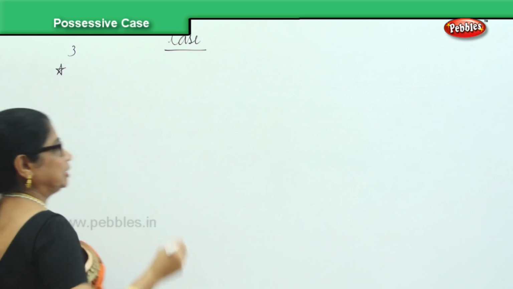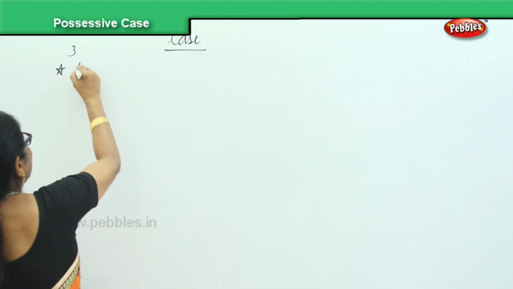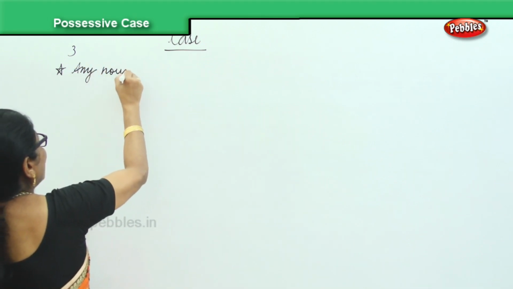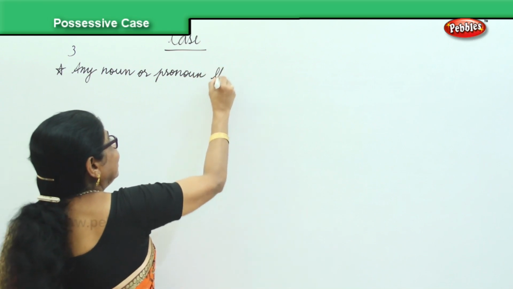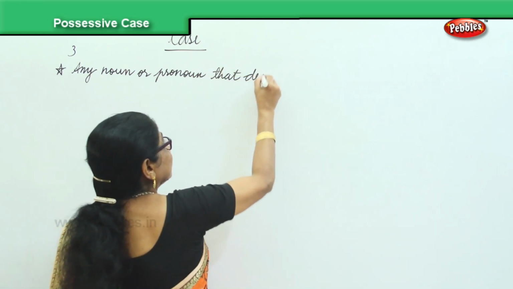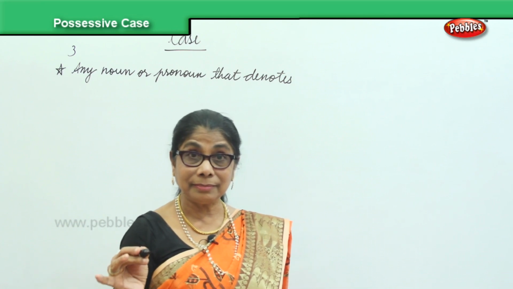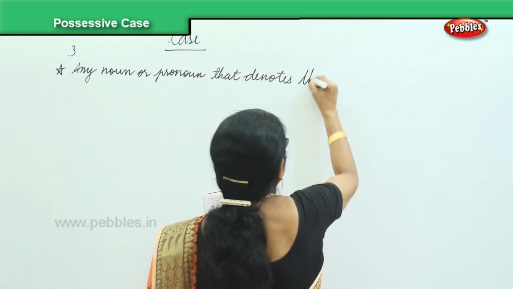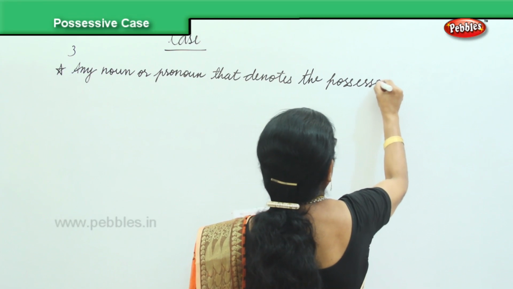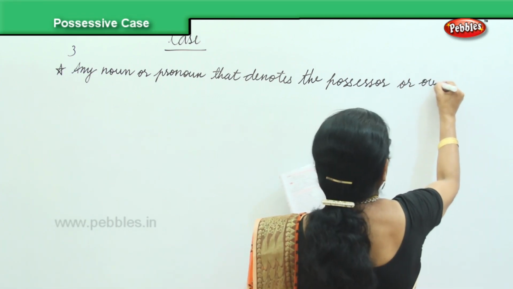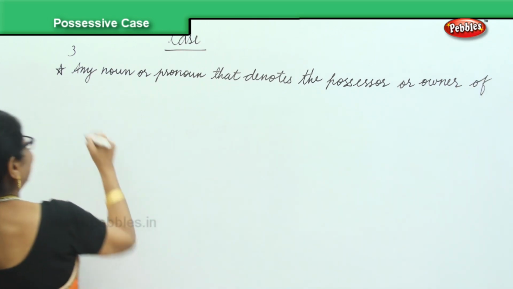Now, how do you detect the possessive case? You will say any noun or pronoun that denotes the possessor, ownership, okay, the possessor, or owner of anything, possessor or owner of anything.